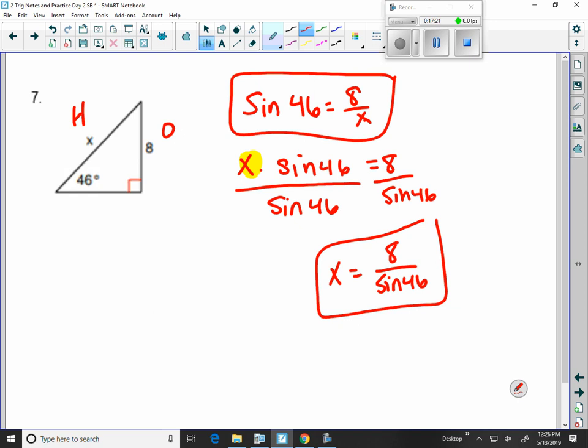The x and the sine of 46, what happened to them? They switched positions. That happens every single time. So if x is in the denominator, you can just flip them. You don't have to show me all the multiplying steps.